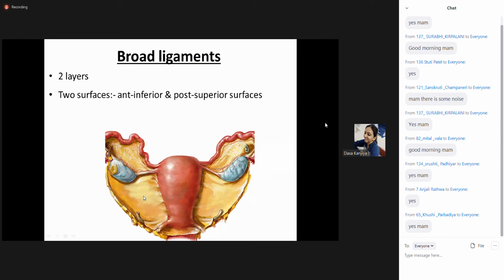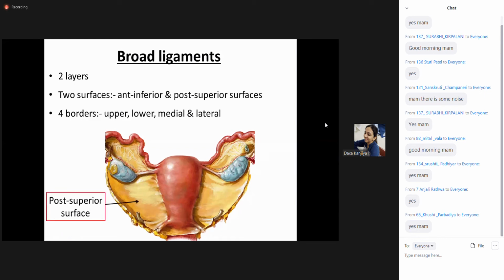So this surface must be the posterior-inferior surface, as I told you, ovary lies posteriorly. It has four borders: upper border, lower border, medial border attached to the uterus, and the lateral border. So these are the parts of the broad ligament.